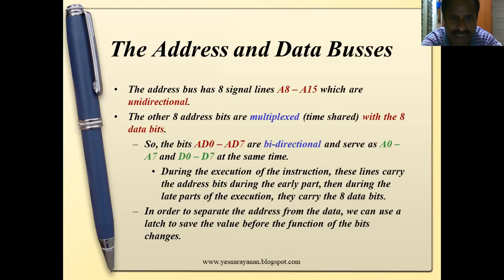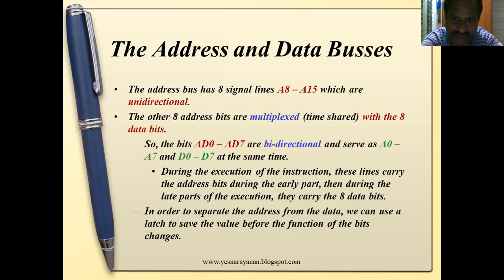So the bits AD0 to AD7 are bidirectional and serve as A0 to A7 and D0 to D7 at the same time. Initially AD0 to AD7 carries address.